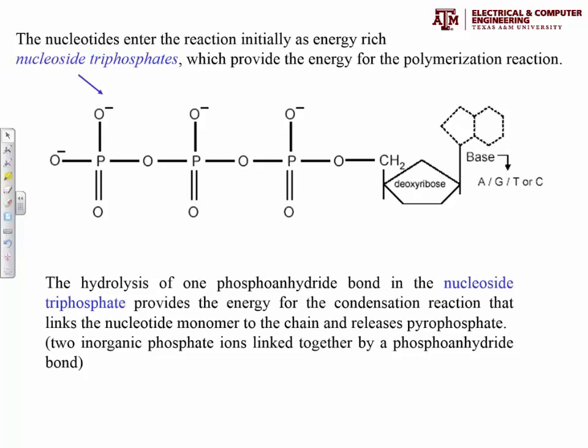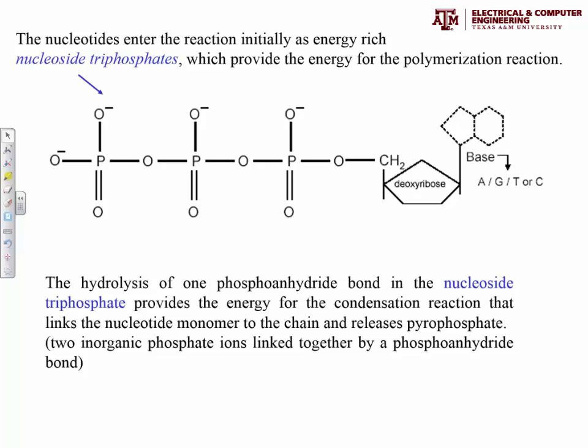So the hydrolysis of one phosphoanhydride bond, probably the second one from the sugar, the one in the middle, is going to get hydrolyzed. So then let's say you had ATP or GTP or CTP or TTP, that will now become just the monophosphate, and that's the thing that can be linked.